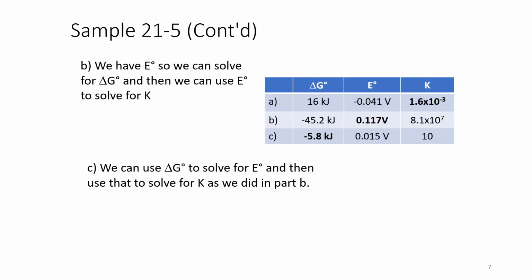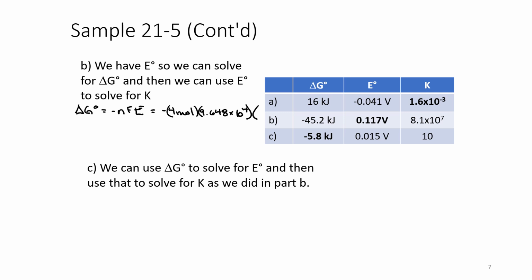Continuing on with sample 21-5, part B starts with our standard voltage, and I'm going to use that to once again solve for our delta G, remembering that our delta G naught is equal to negative nFE, which is negative 4 moles of electrons still times our 9.648 times 10 to the 4th.